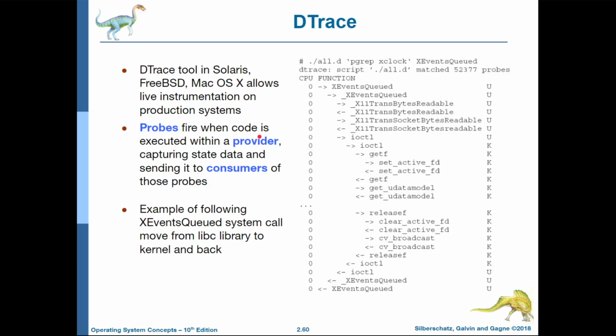The Solaris operating system has a tool called dtrace. What it does is it actually puts into the operating system code marks that let you see what's happening within a particular program, how things are operating.